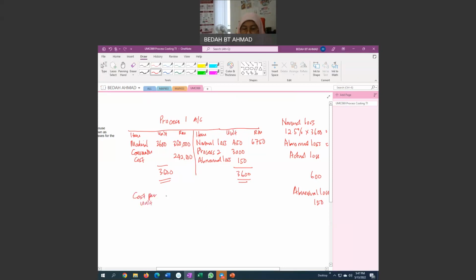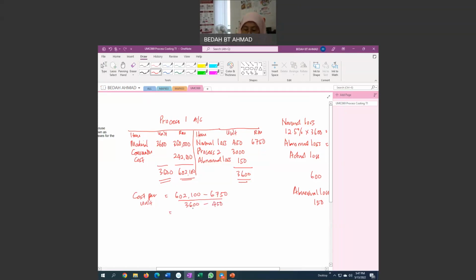So the cost per unit is the input cost, which is 360,000 plus 242, which is 602,100. So 602,100 less the normal loss scrap value 6,750, and divide by the expected output, which is the input units minus the normal loss unit, 450.